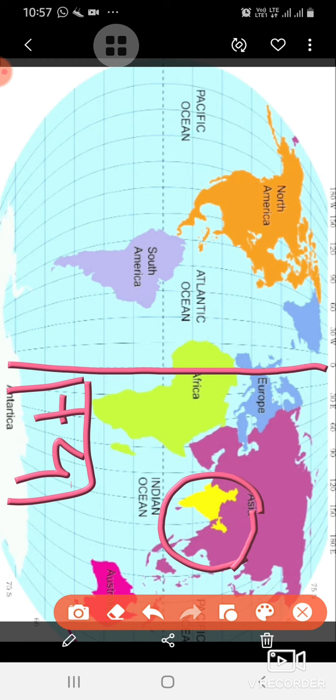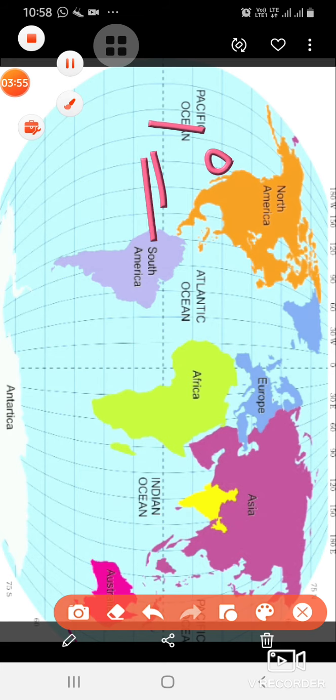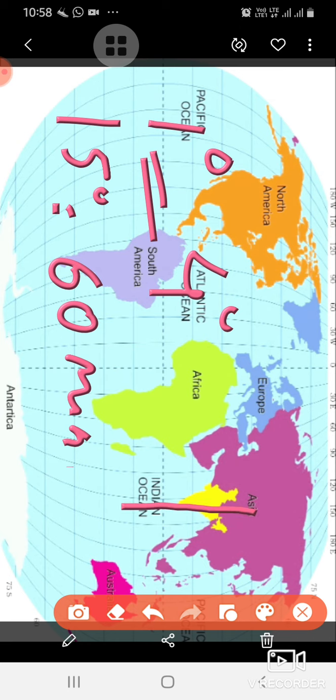Now 1 degree is equal to 4 minutes, and 15 degrees is equal to 60 minutes.